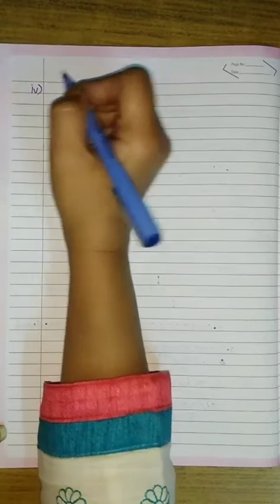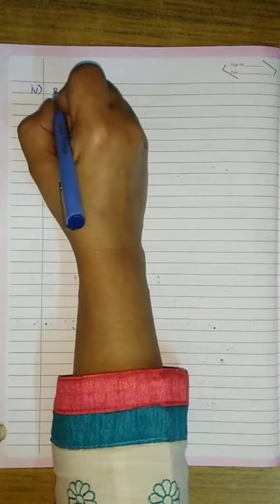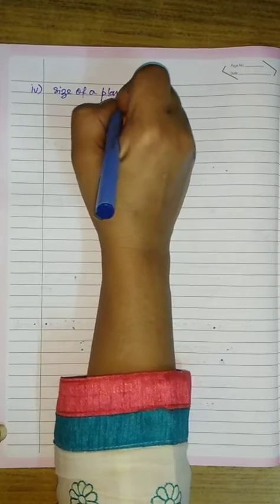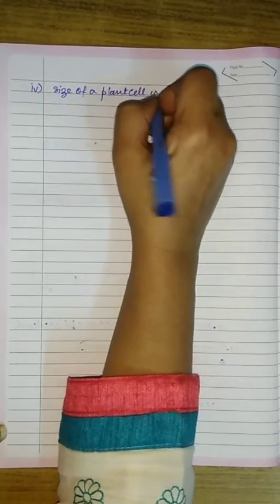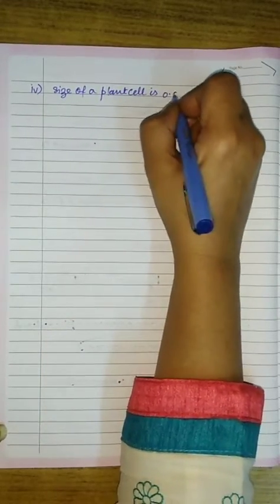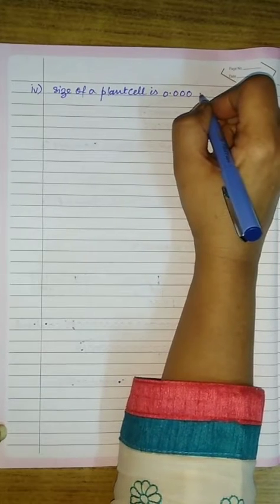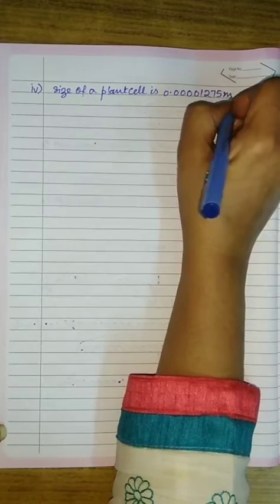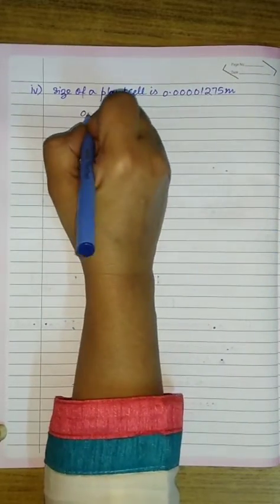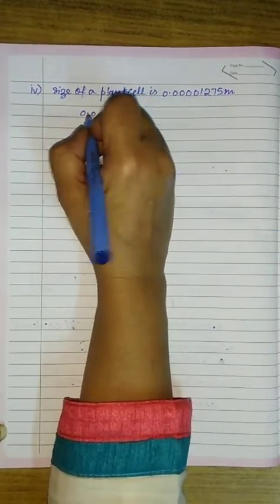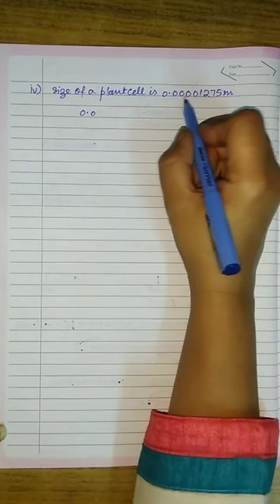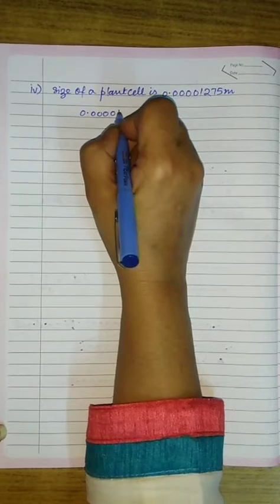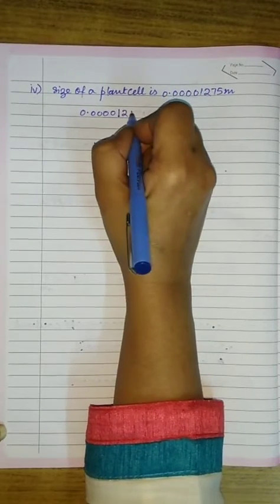Fourth part of this question is size of a plant cell is given: 0.000, 4 times 0, then 1275 meter. Now the given number has, after decimal, 1, 2, 3, 4 zeros, then digits 1, 2, 7, 5.